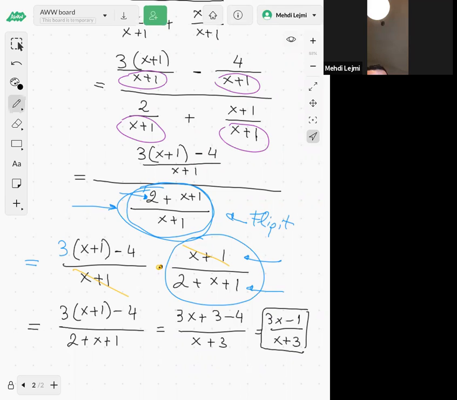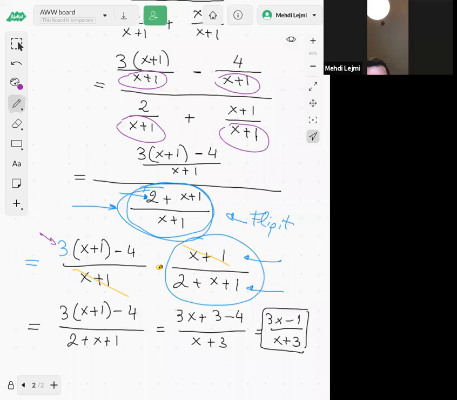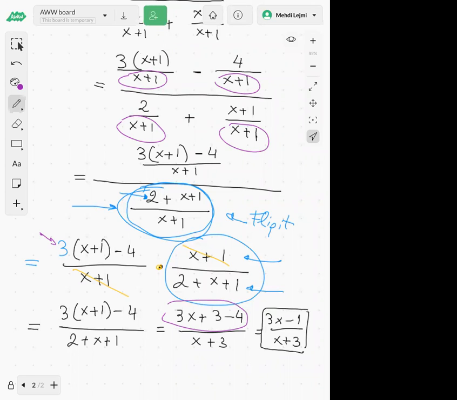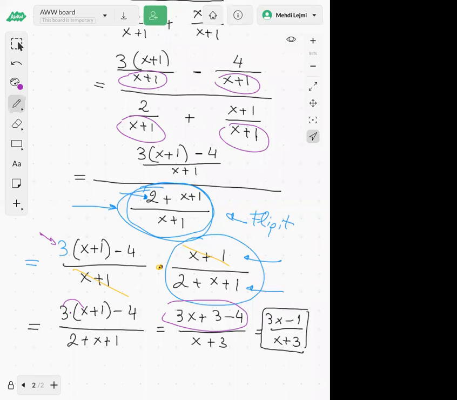Yes, Lisbeth. For example, you move 3x plus 3 minus 4. Yes, it's because in the first one you have 3 times the parentheses x plus 1, minus 4. You sum that one, yeah, because 4 minus 1.